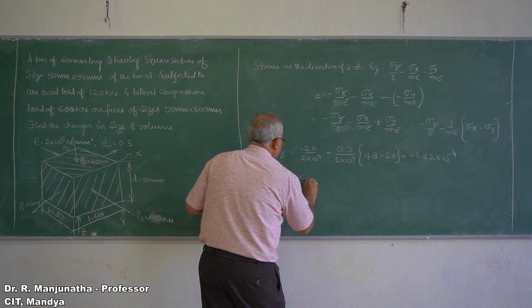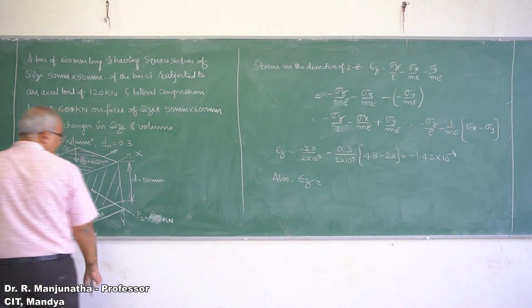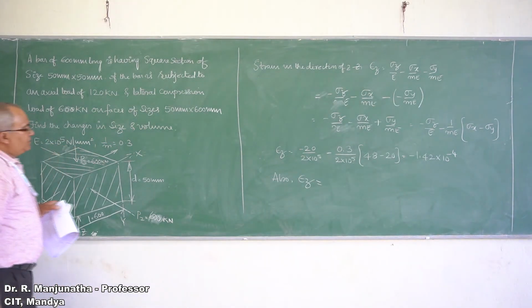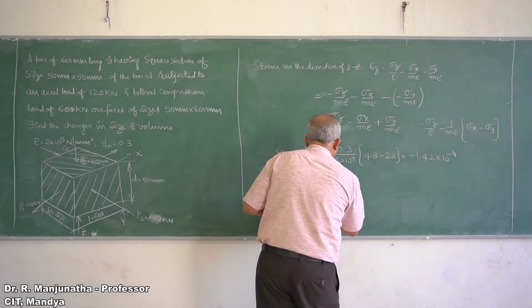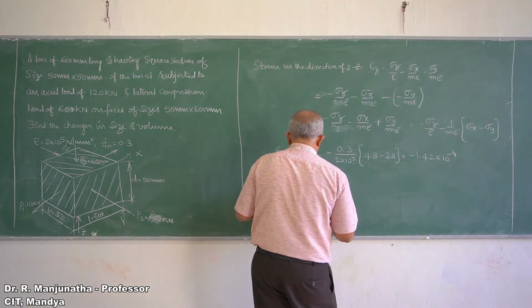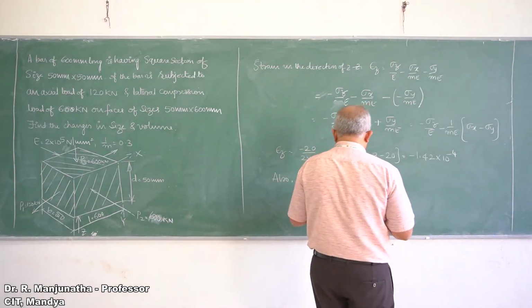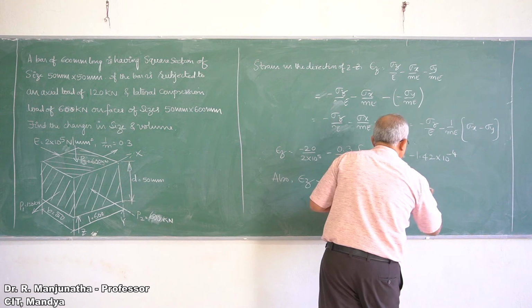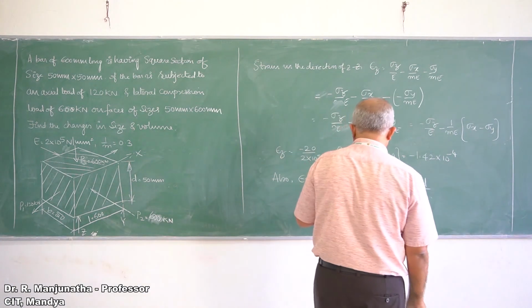Also epsilon z, which is the z direction we are talking about, which is compressive, will be delta d by d. That is minus 1.42 into 10 to the power of minus 4, equal to delta d by d, where d is 50 because it is a square cross section.